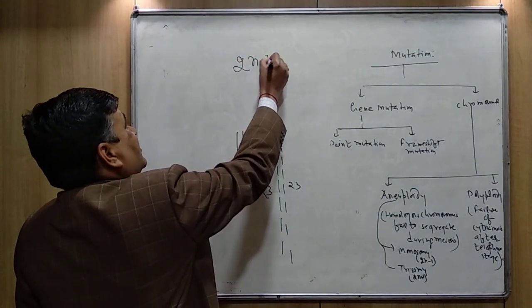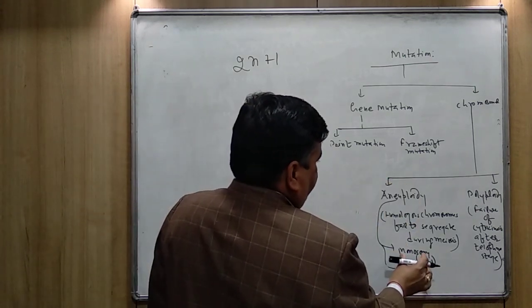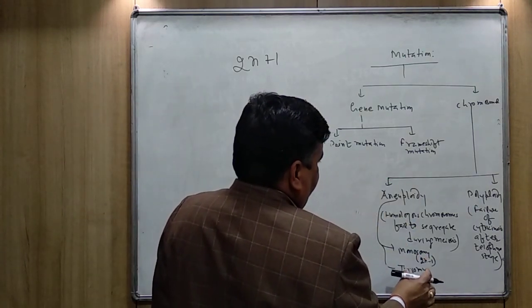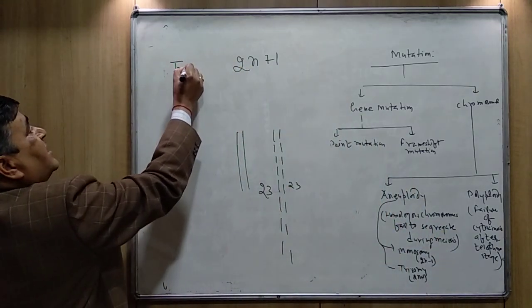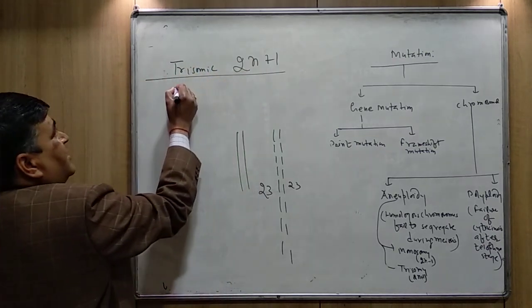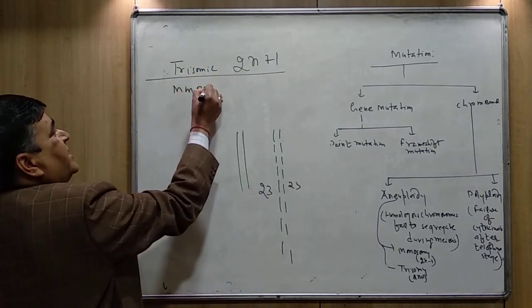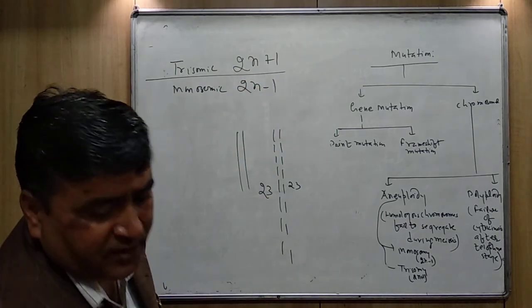2n plus 1. Aneuploidy is further divided into two types, monosomic and trisomic. This is the formula of trisomic, 2n plus 1, and in monosomic, the formula is 2n minus 1.